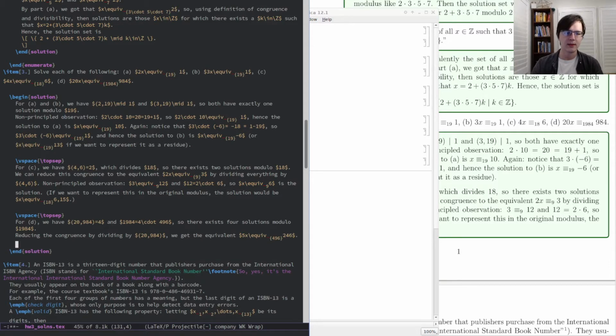So we want to find x and y in the integers such that 5x plus 496y equals 1.